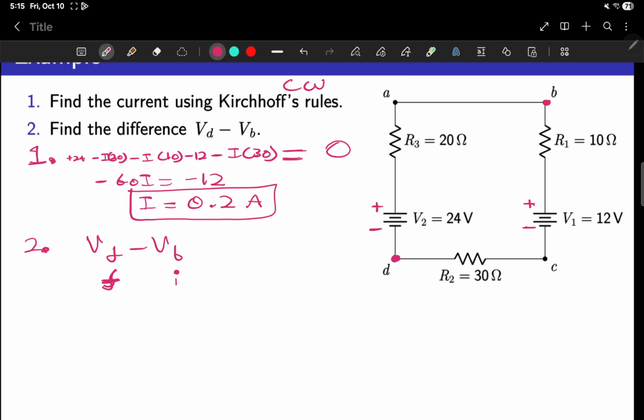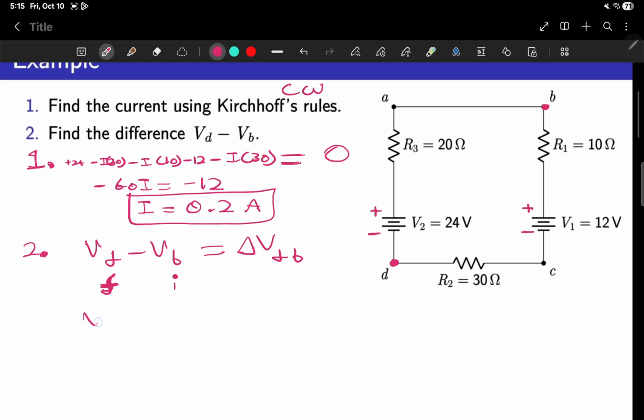That's how the delta sign works in general. Like delta V, change in velocity, is equal to final velocity minus initial velocity. It's the same thing here, except that we're talking about potential. So this is the change in potential between points D and B, where point B is where we started and point D is where we arrived. So VD minus VB is basically the same as saying V final minus V initial.